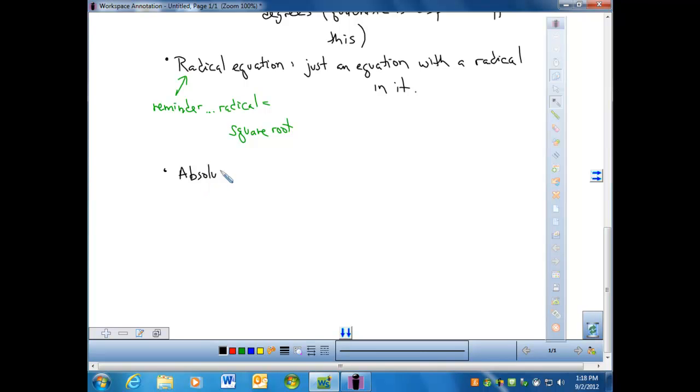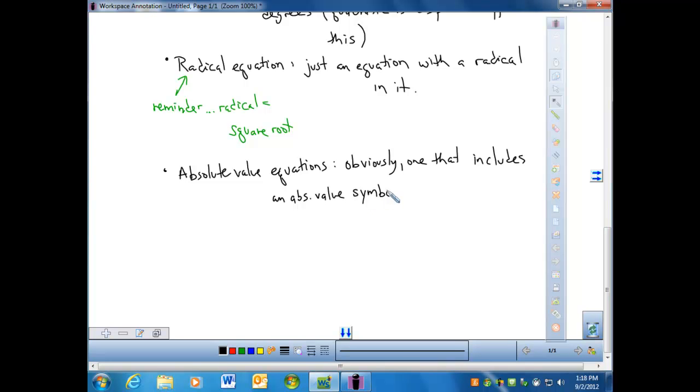And last but not least, with our 7 different types of equations, our absolute value equations. And again, just like with radical equations, not too hard to figure out. Absolute value equations are those that have absolute value signs in them. And again, the important thing to remember here is when you're solving an absolute value equation, you must split it into 2 parts in order to solve it.